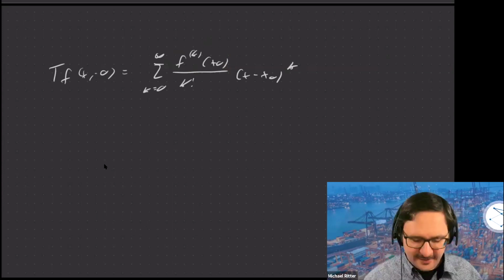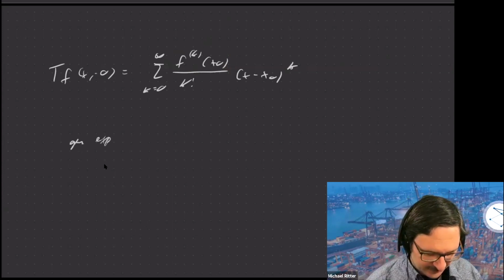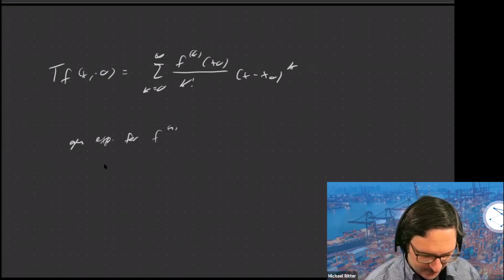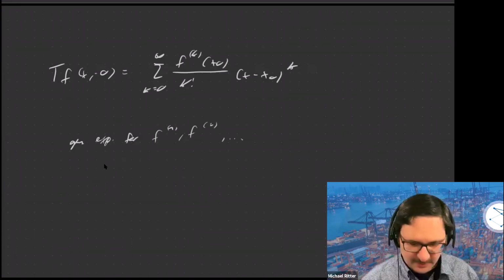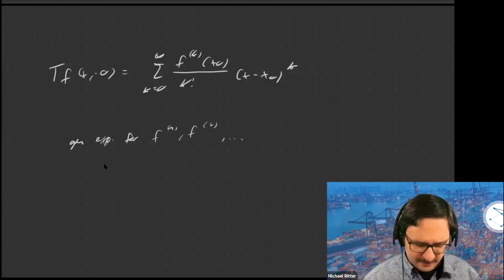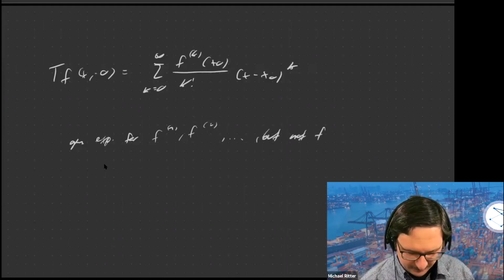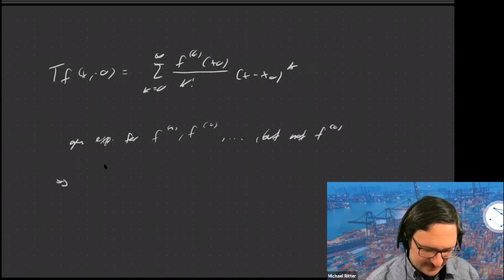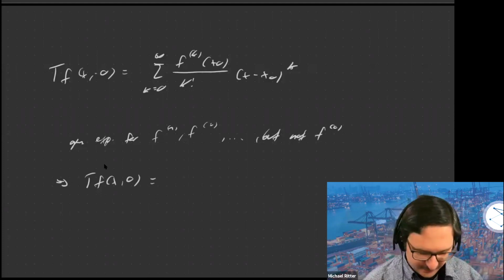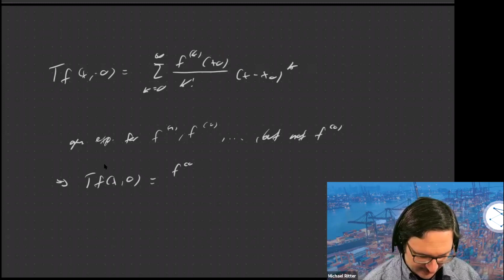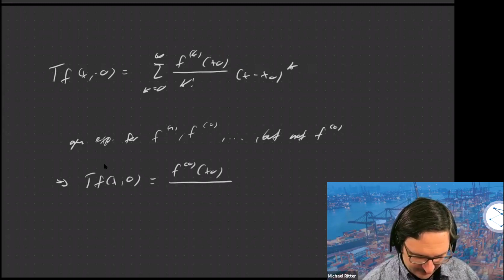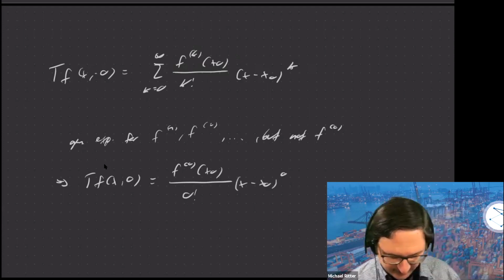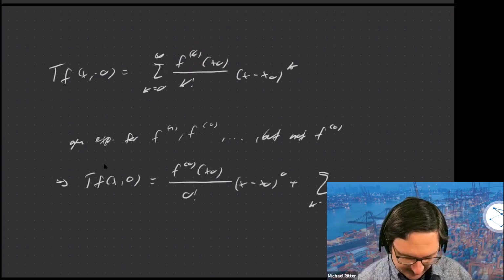So maybe you can find a general expression for f1, f2, and so on, but maybe not including f0. Then, of course, you can solve that situation by just taking out that first summand. You can rewrite that Taylor series as f(x0) over 0 factorial times (x minus x0) to the power of 0 plus, and then you start at 1. And that's exactly what's happening in 12.7.